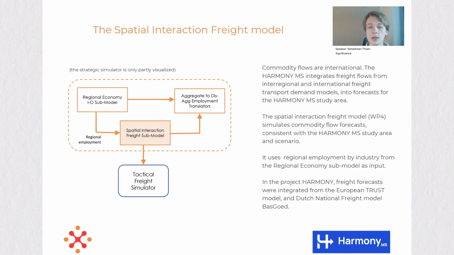Besides the firm synthesizer, another submodule of the strategic freight simulator is the spatial interaction freight model. The purpose of this model is to disaggregate commodity flows at a more aggregate level towards a more disaggregate zoning level.